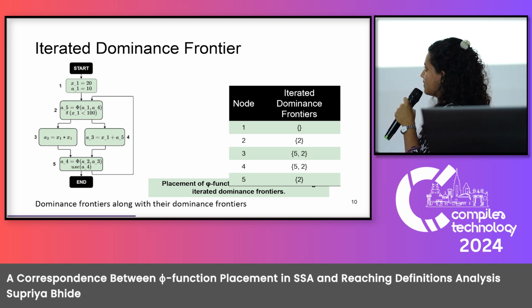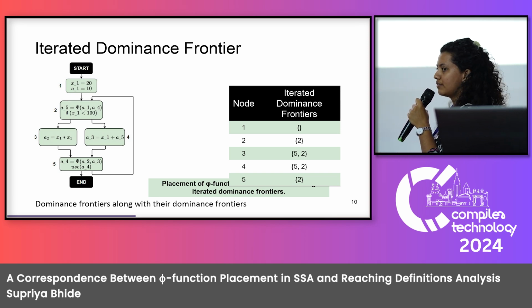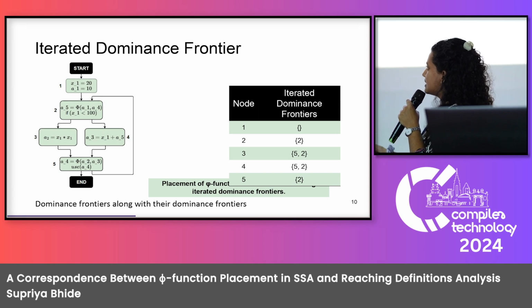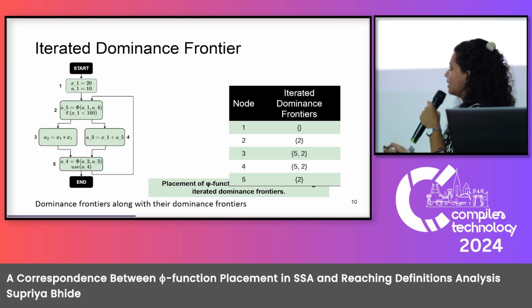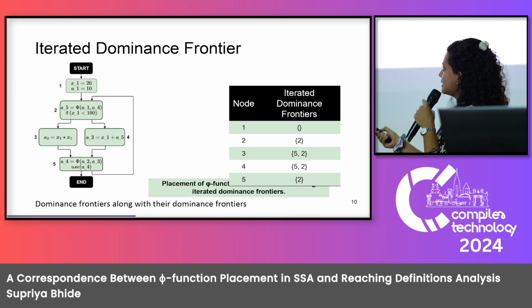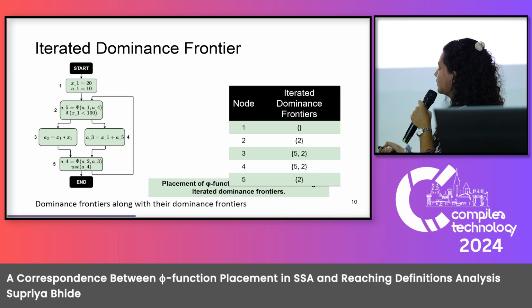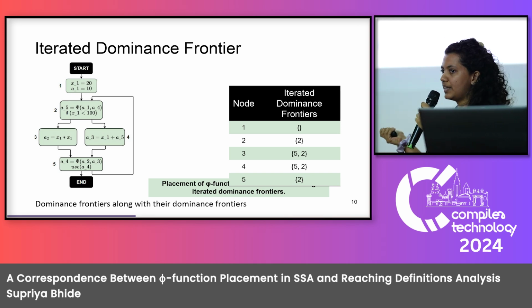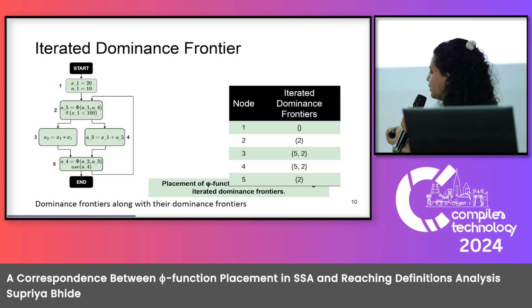And because of this phi function, we got a new definition of variable a here, which traveled back through this edge into node 2. And thus, since there was a definition of a here, we computed the dominance frontier of 5 again. And this is the iterated dominance frontier. So 2 is in the iterated dominance frontier of node 5. Observe that it was not in the dominance frontier, but now it is in the iterated dominance frontier.